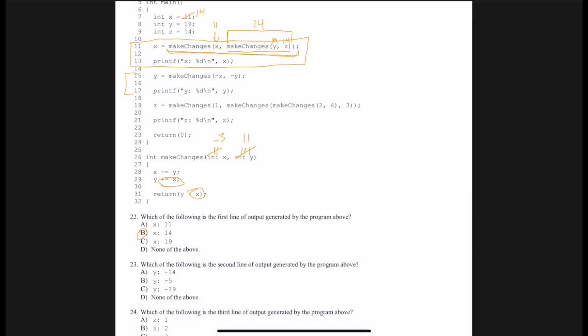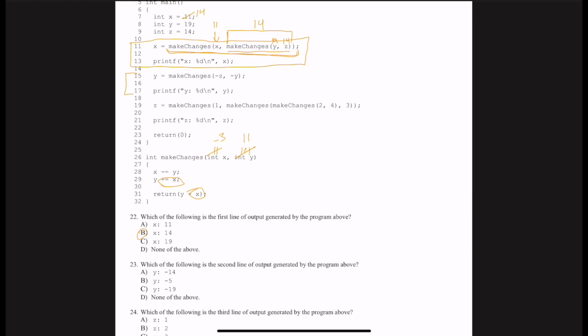So if you noticed, in line 11, when we passed 19 and 14, we got back the second number just as it originally was, 14. Then when we passed 11 and 14, we once again got the second number, represented by y in the make changes function, back as what it originally was. So really, this function is doing nothing but returning the second parameter.